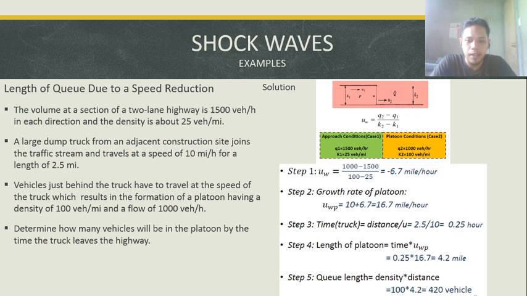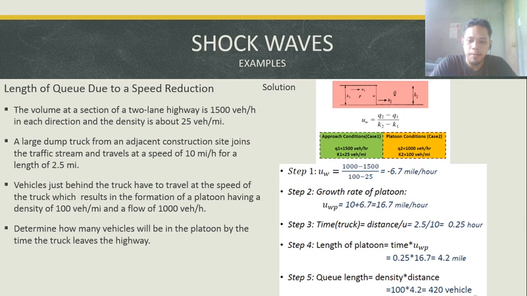Next, the time the truck will leave the highway is distance over speed: 2.5 miles over 10, so 0.25 hours. Then the length of the platoon equals time times the growth rate of the platoon. So 0.25 times 16.7 will result in 4.2 miles.